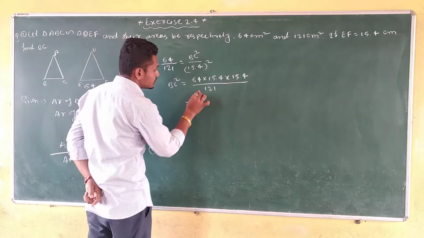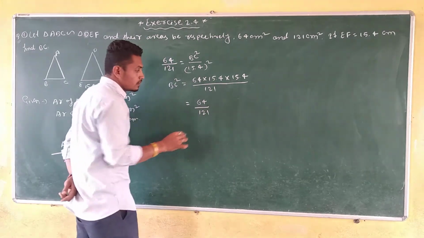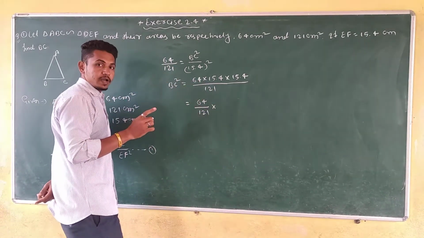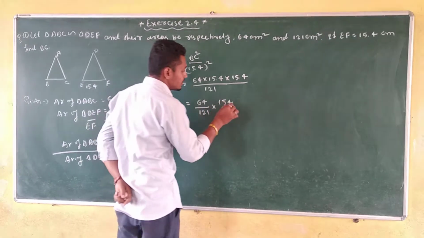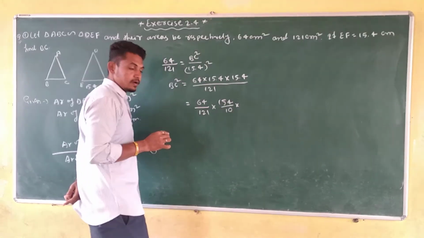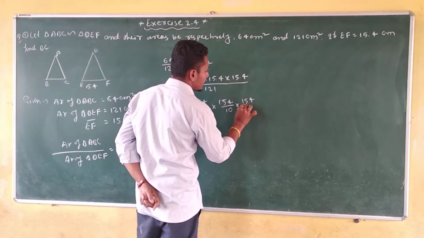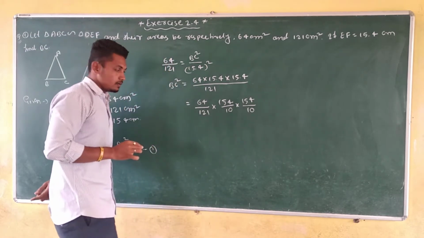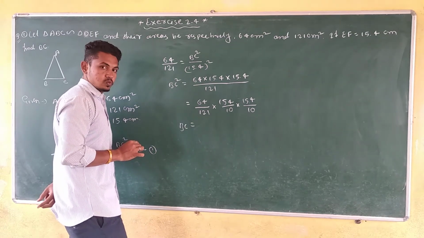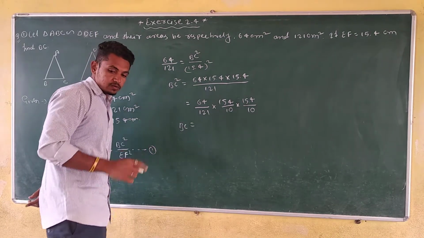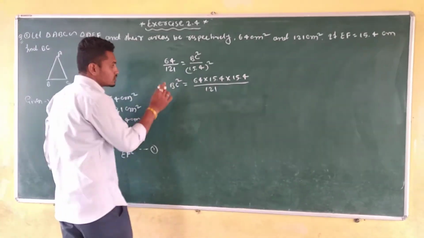Next, see here 64 divided by 121 into 15.4. It can be written as 154 divided by 10, into 154 divided by 10. Next, BC is equal to, first we have to remove the square.